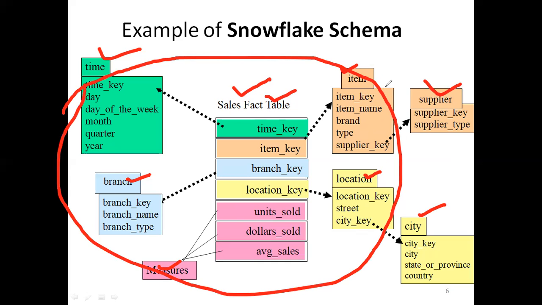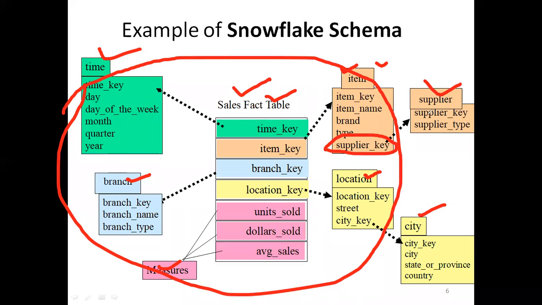In the item dimension table, you'll see that we have item key, item name, brand, type, and supplier key, right? So now from the supplier key, we have one more table, that is supplier.